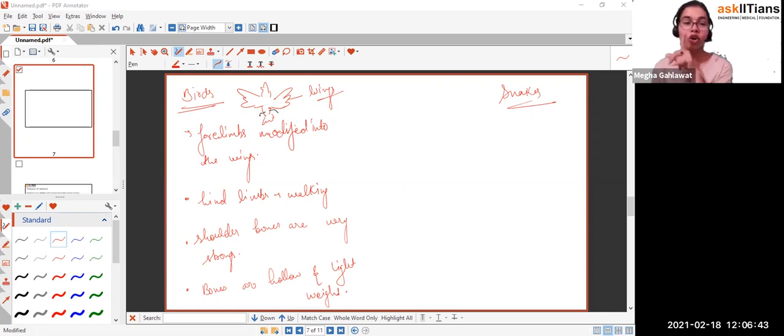But they cannot move on a smooth surface. Snakes can never move on a smooth surface. Okay, they are always going to need friction in order to move, as they do not have any limbs. That is why they cannot move on a smooth surface, right?